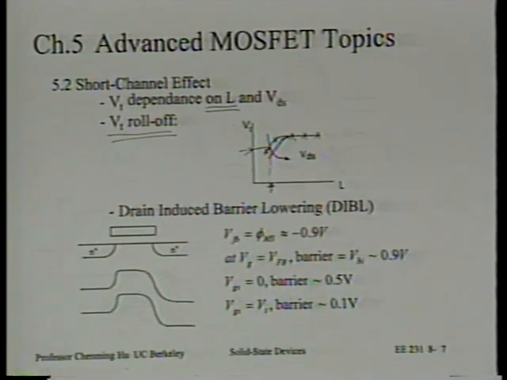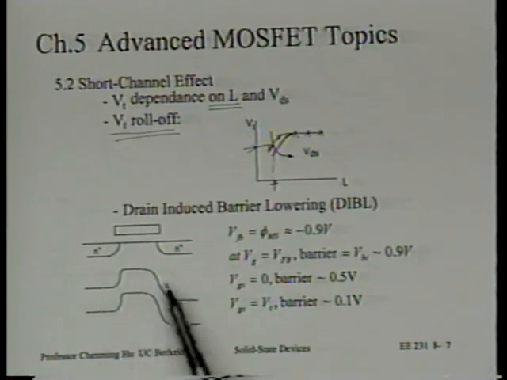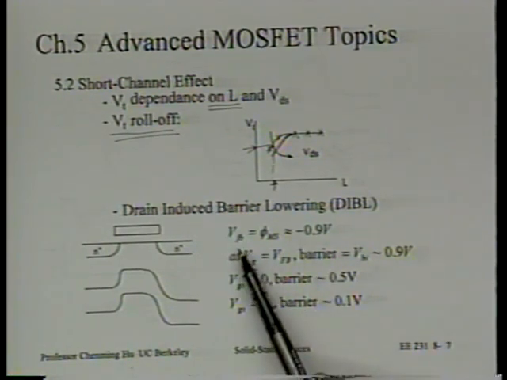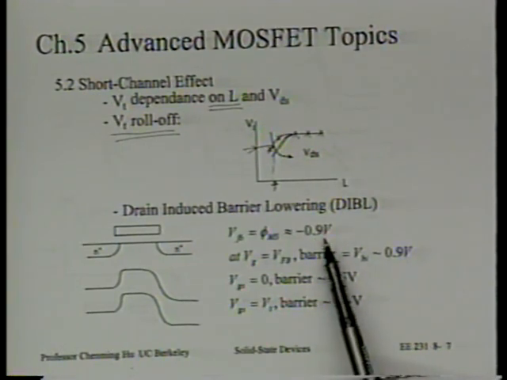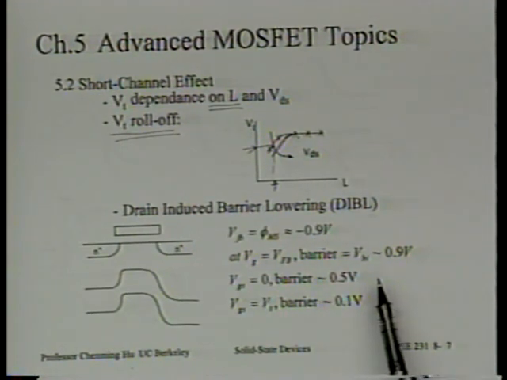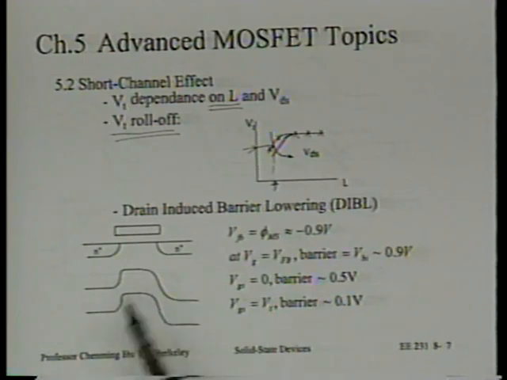Yes? Because of this large barrier, there will be no electron flowing between the source and drain. And that makes sense. That agrees with our understanding that when VG equal to minus 0.9 volt, there will be no current flowing between source and drain. Now I want to emphasize the interpretation because of large barrier. Next, I want to ask you, what is the barrier when VG is equal to 0?